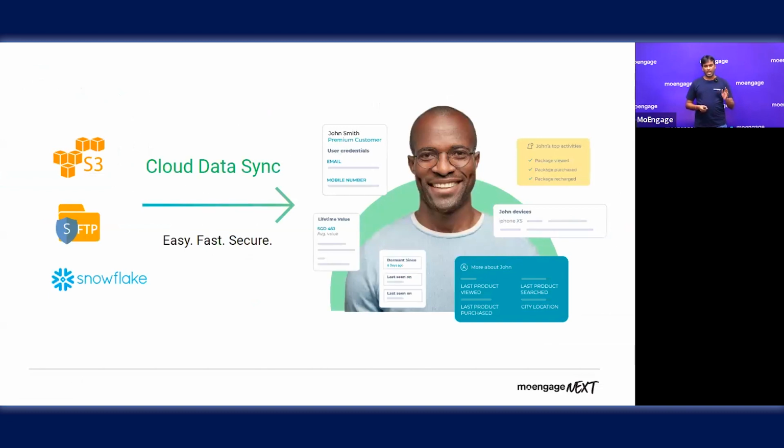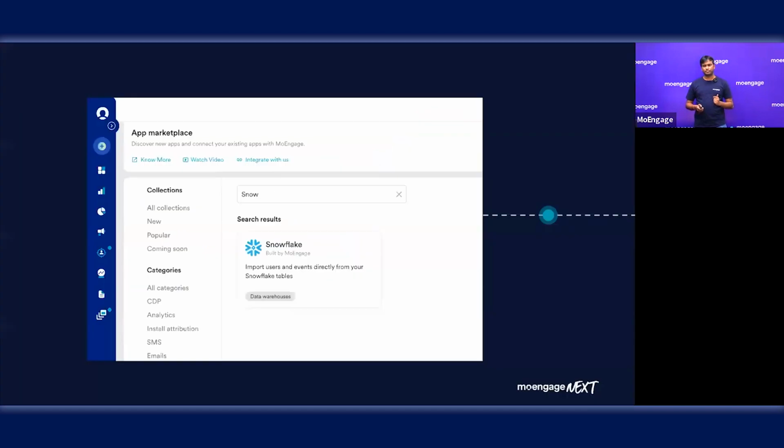It enables brands to bring the customer data that is sitting across various data sources like your S3 data lake or your Snowflake warehouse or your SFTP files. And we'll be introducing more and more support for more cloud data sources. You can bring all of this data into the MoEngage customer profile in the form of user properties or events, and really then unlock and activate this data.